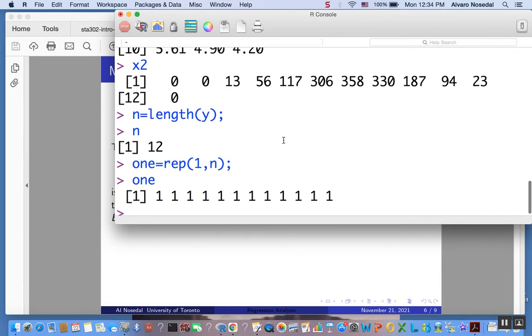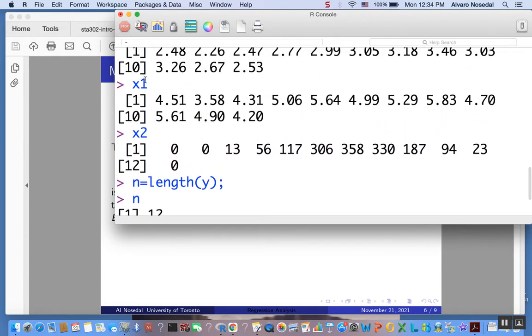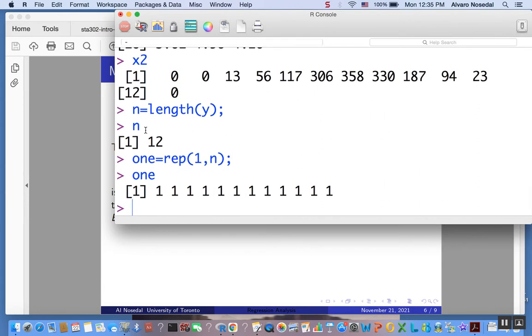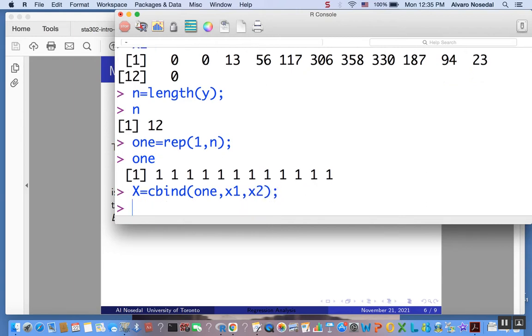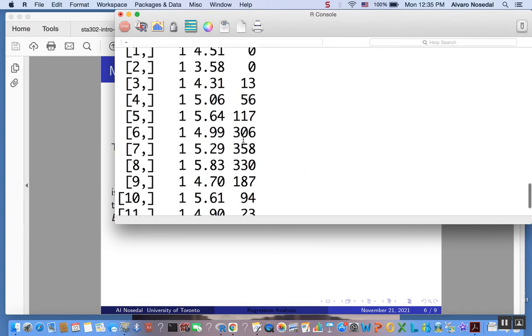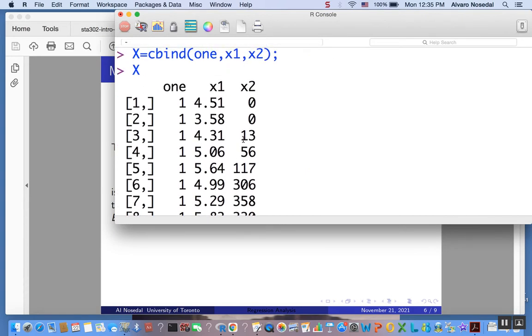Now we have the values for our predictor variables for the 12 observations that we have available. Okay, so now X, the design matrix, is going to be, I'm going to be pasting the columns 1, the one we just created, x1 and x2. That's going to be our design matrix X. So yeah, it looks like what we want.